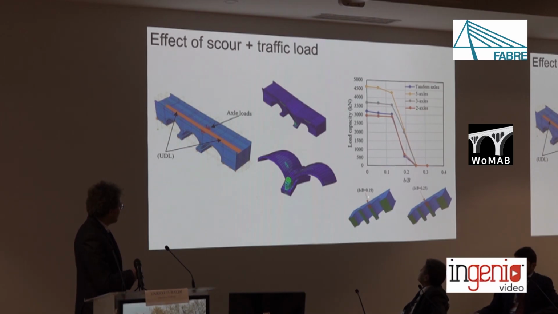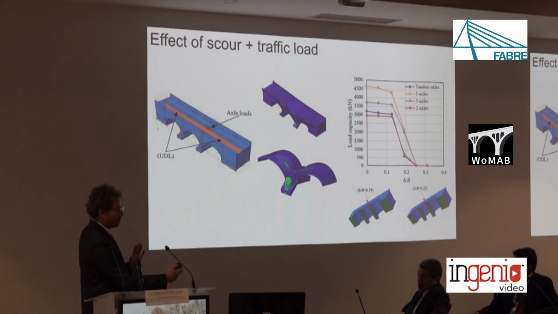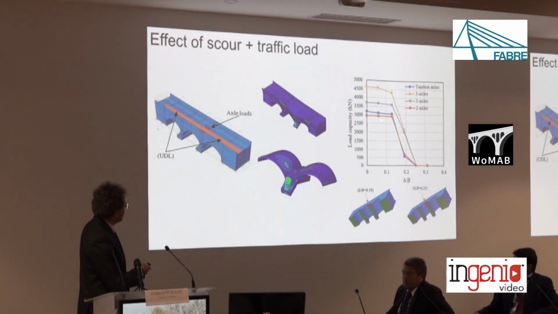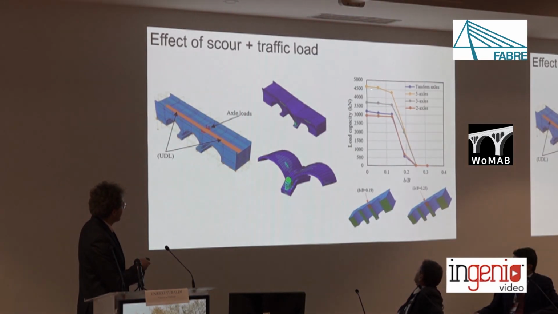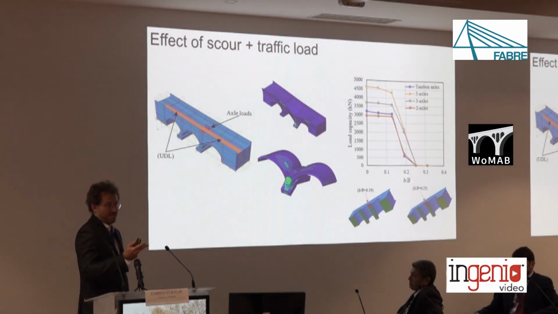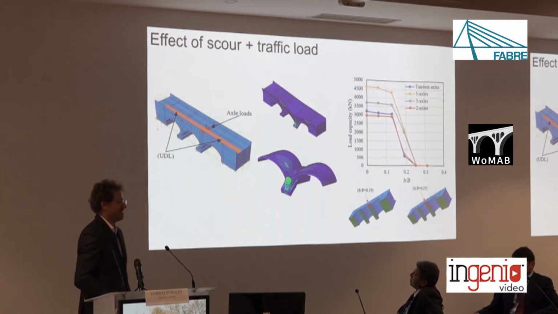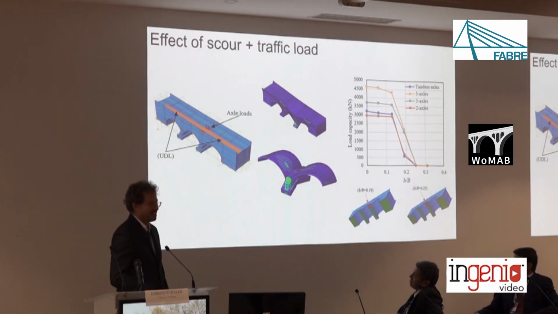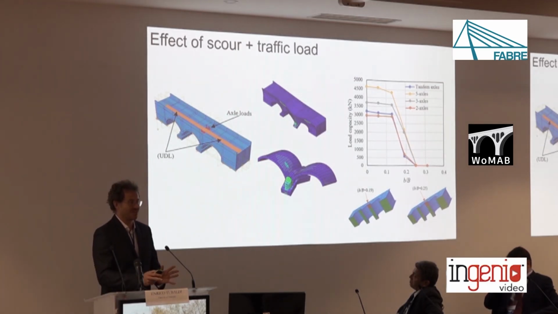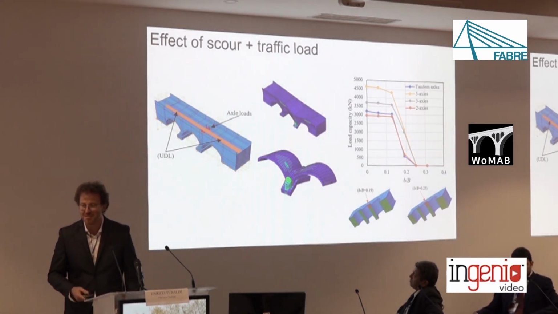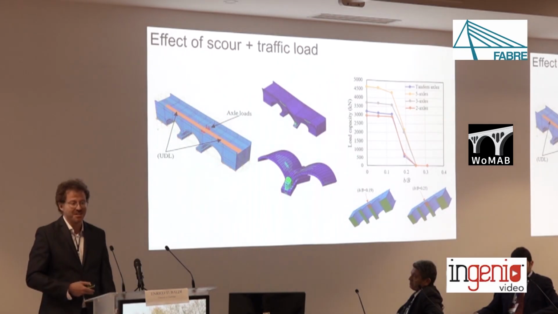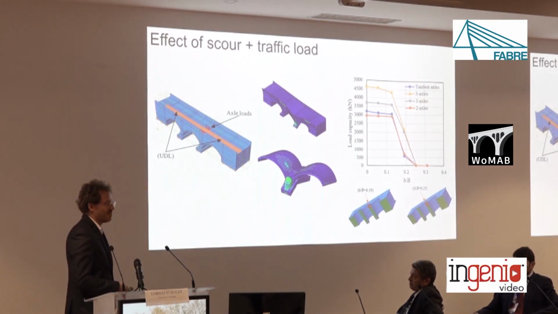For levels of scour of the order of 0.2, which means that only 20% of the foundation is undermined, the load carrying capacity against traffic is almost not reduced. And then all of a sudden, you have this cliff edge effect and a sudden drop of capacity for small increasing levels of scour, which is very worrying. It means that it would be very challenging to provide warnings about an incipient collapse if a scour is occurring.